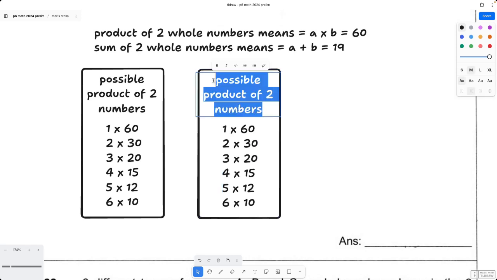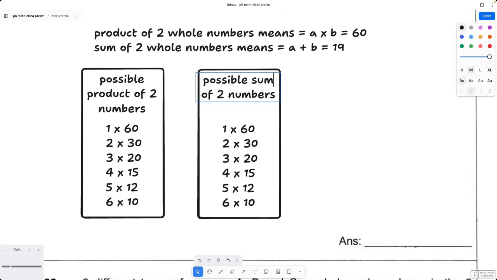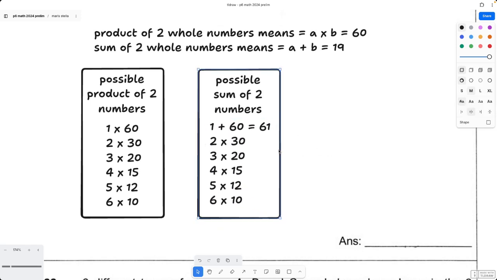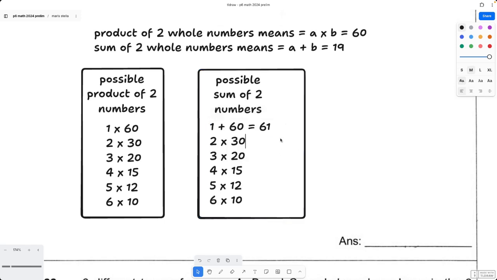Then we're going to do the possible sums of two numbers. 1 plus 60 is equal to 61, which is wrong. 2 plus 30 is equal to 32, which is also wrong.